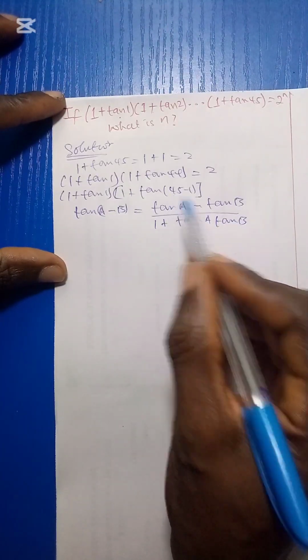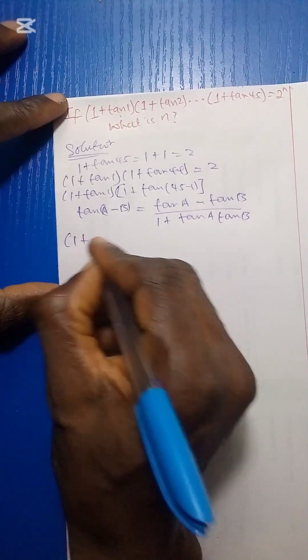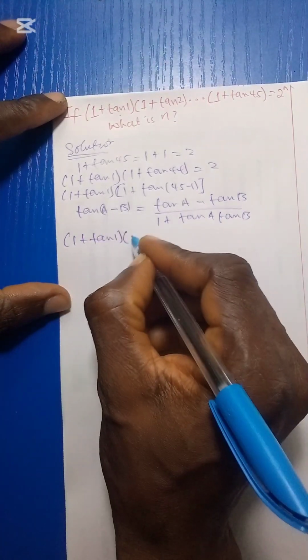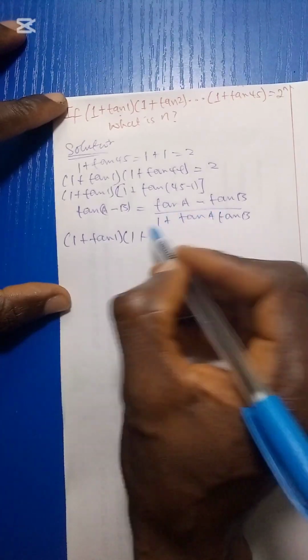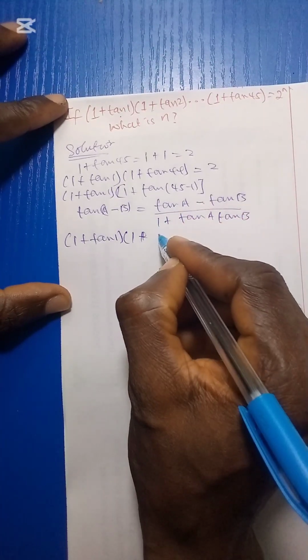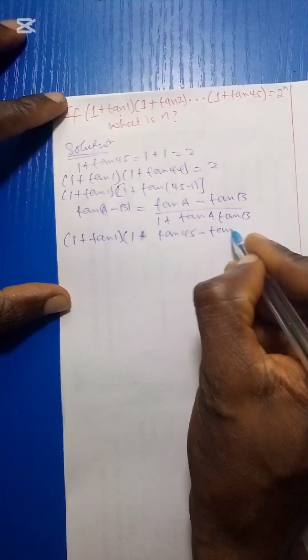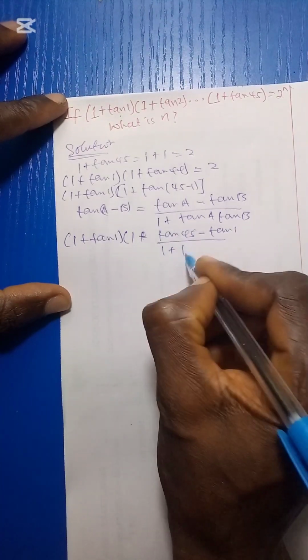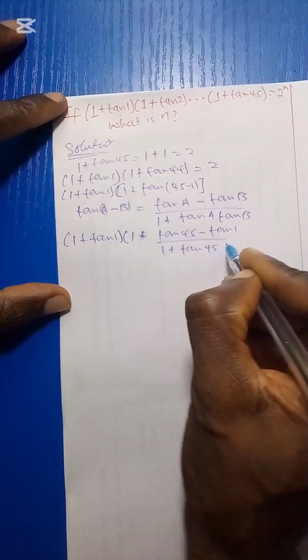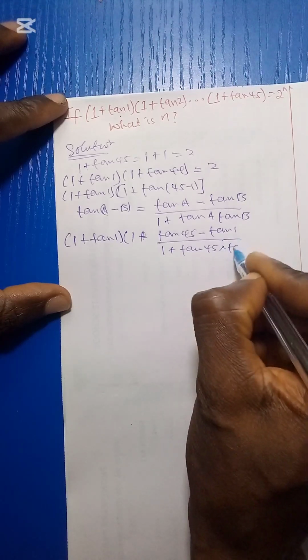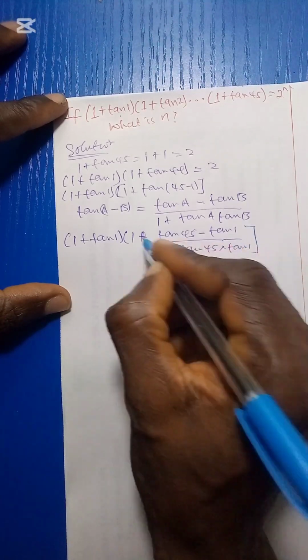So A is 45 and B is 1. That becomes 1 plus tan 1 times 1 plus, applying this identity here, I have tan 45 minus tan 1 all over 1 plus tan 45 times tan 1. Close the brackets.